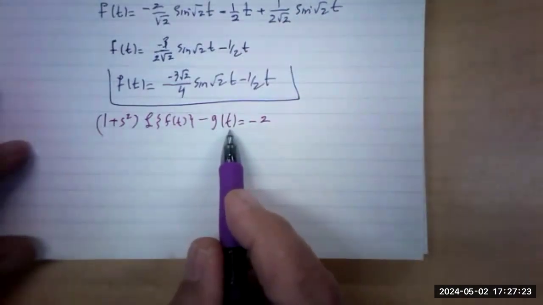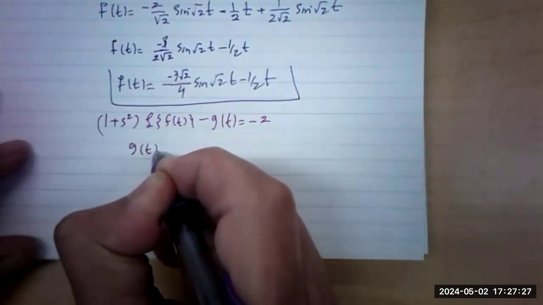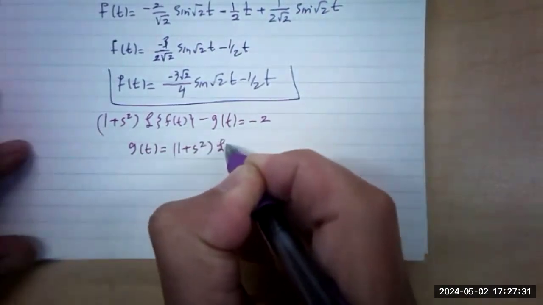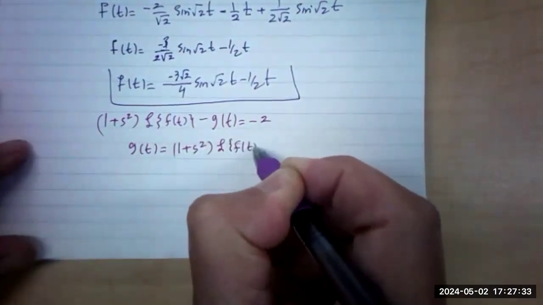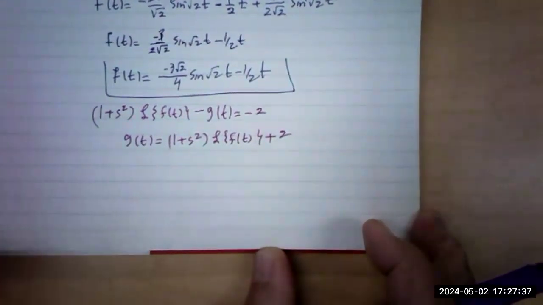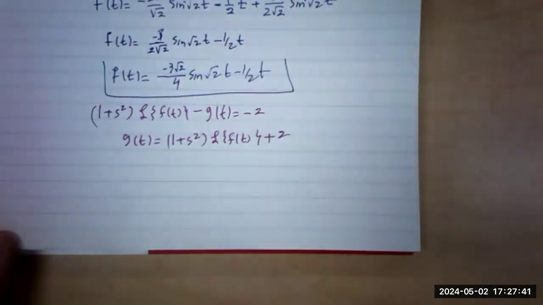So g of t, if you like, would be 1 plus s² Laplace of f of t plus 2. So we can substitute for the Laplace of f of t and then do the same thing.